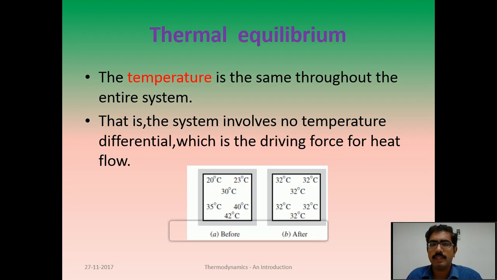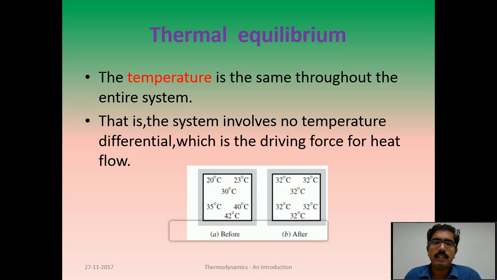From the word thermal equilibrium itself, we can say that it is about temperature. So thermal equilibrium means the temperature will be the same throughout the entire system. Okay, so for example, in the picture, let us consider we are having different gas molecules. The gas molecules occupy different temperatures, 20 degrees Celsius, 23 degrees Celsius, 30 degrees Celsius, 35 degrees Celsius, like that.